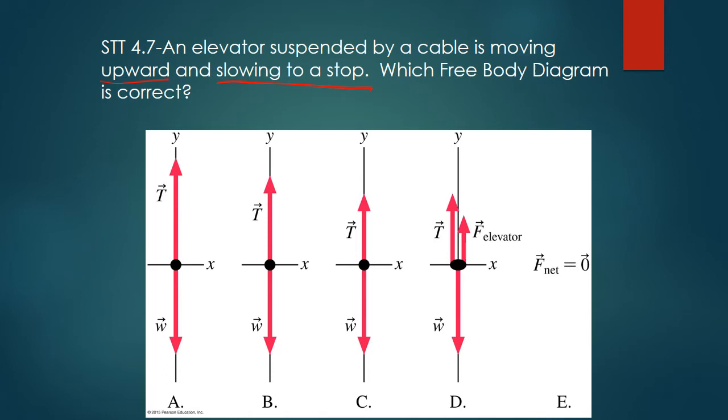So the velocity is up, and it's slowing down, so that must mean the acceleration is down. Which means the sum of the forces is down, because the sum of the forces will cause acceleration if it's not 0.